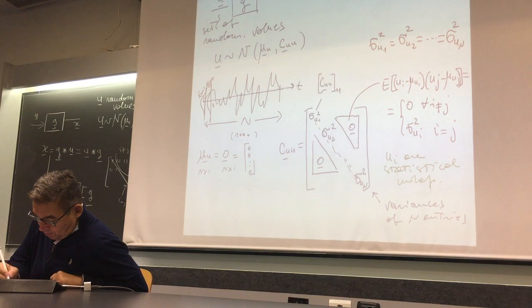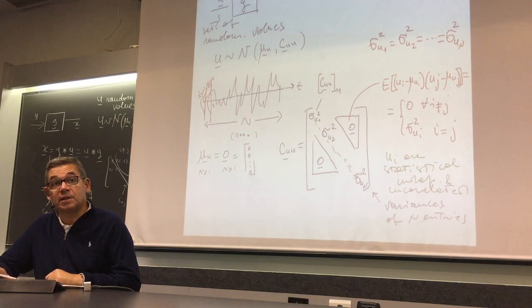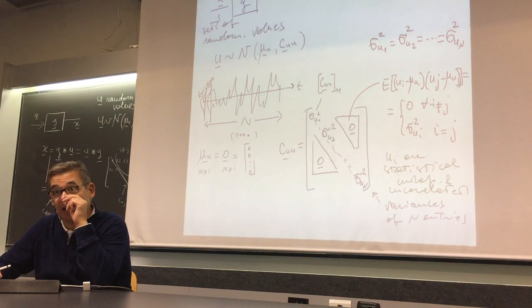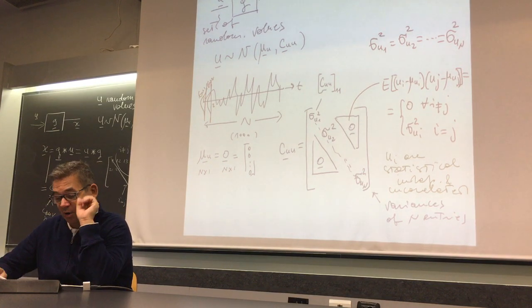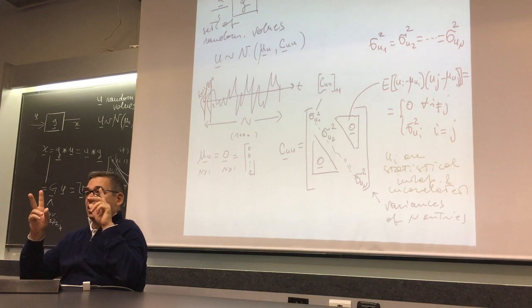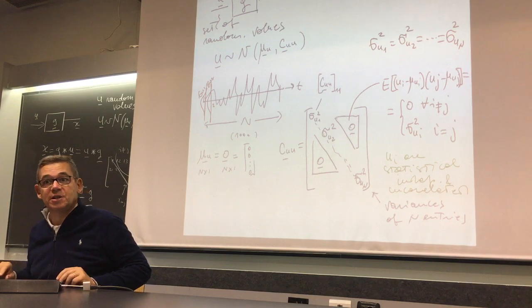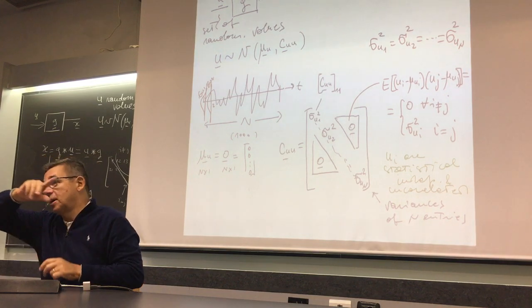Okay. So they are statistically independent and uncorrelated. This is the property for Gaussians. Now, this is a special case. What can I say? I imagine I take a signal and I see a perturbation.